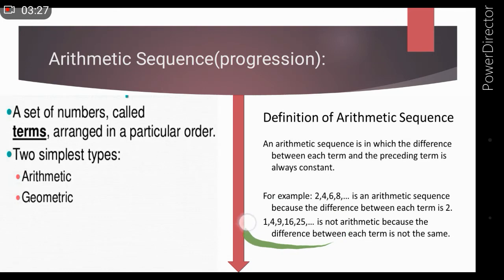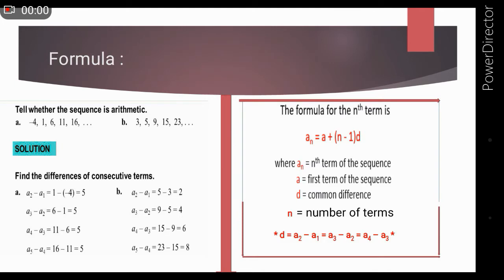So this is not an arithmetic sequence. What is important is to identify whether a sequence is arithmetic or not. The identification of an arithmetic sequence is that the difference between two terms is the same, it is constant.